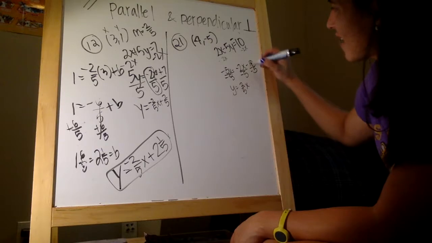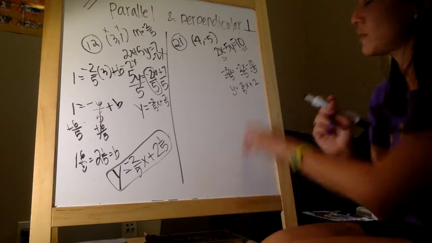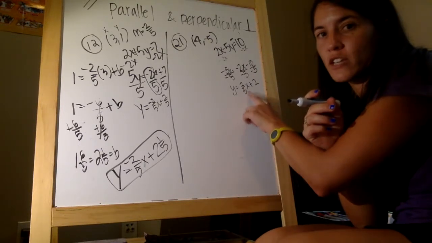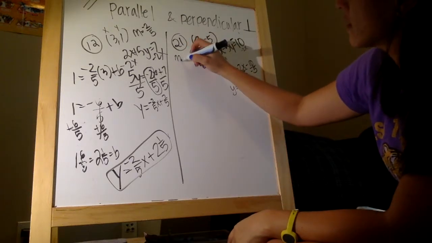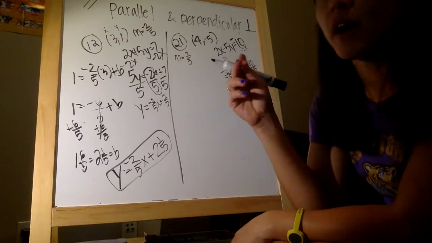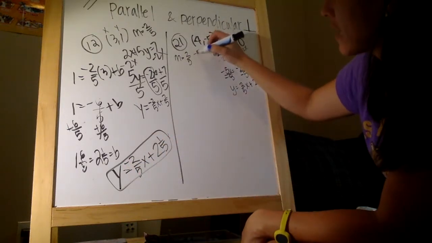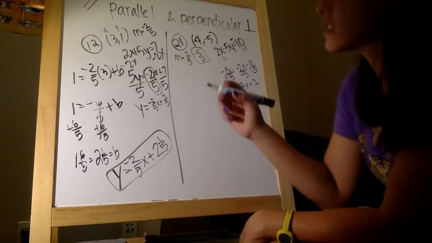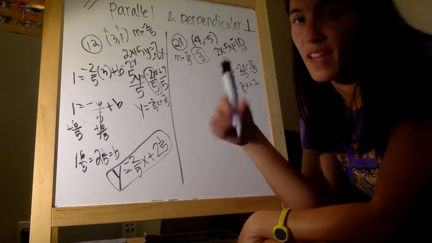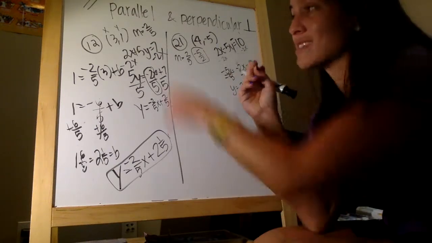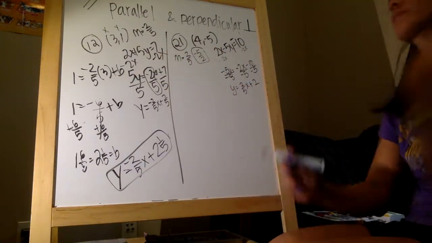And negative 10 divided by negative 5 is a positive 2. So here's my equation, and here's my slope, 2/5. But for a perpendicular line, I need the opposite reciprocal. So I need a negative 5/2. That's the slope I want to use. That's going to be the trick to remember when to use the same slope, when to change it.